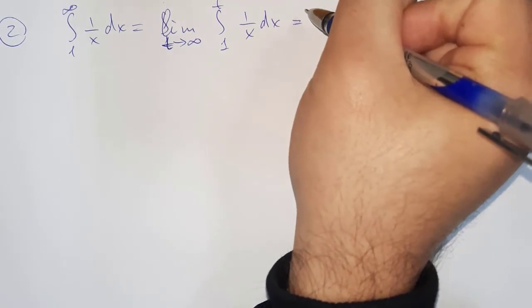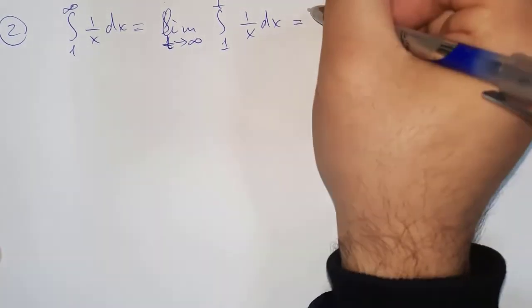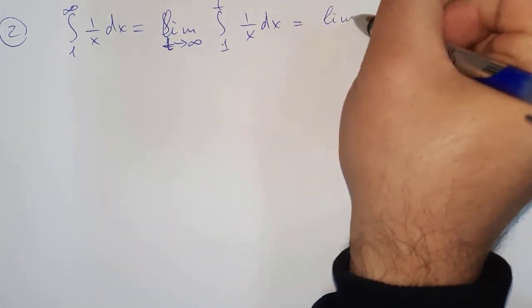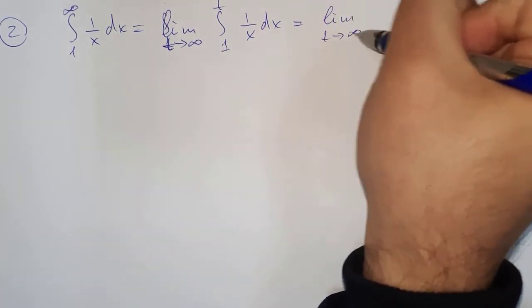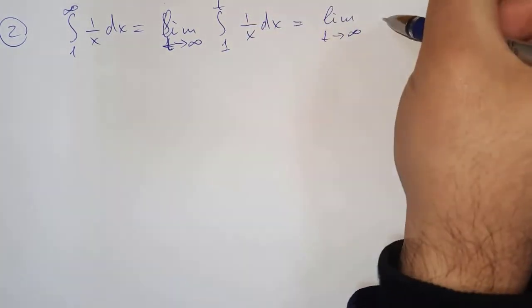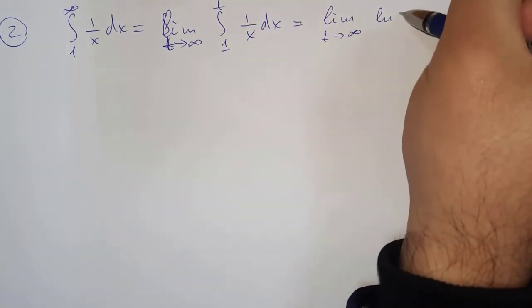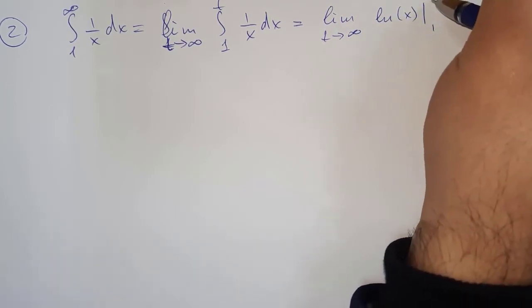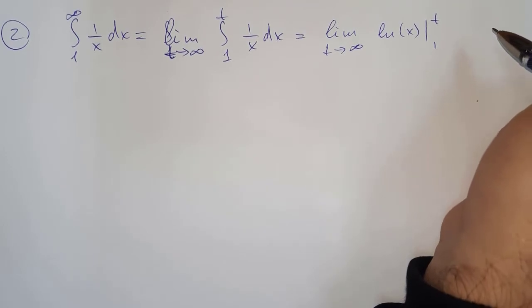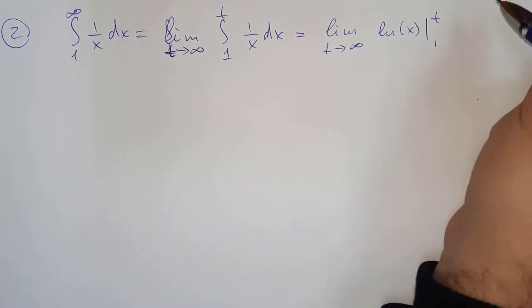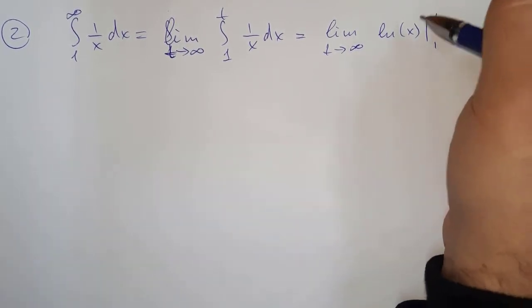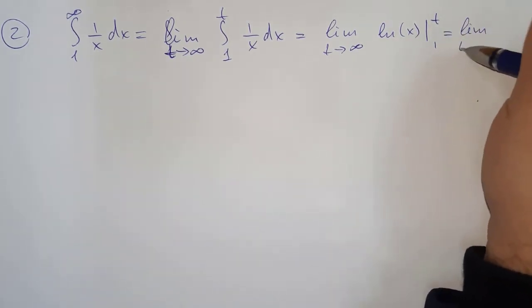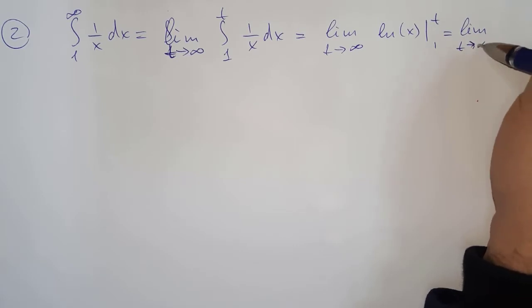Okay, so it will be limit t tends to infinity. This is natural logarithm of x, from 1 to t. So now it's equal to limit t tends to infinity.